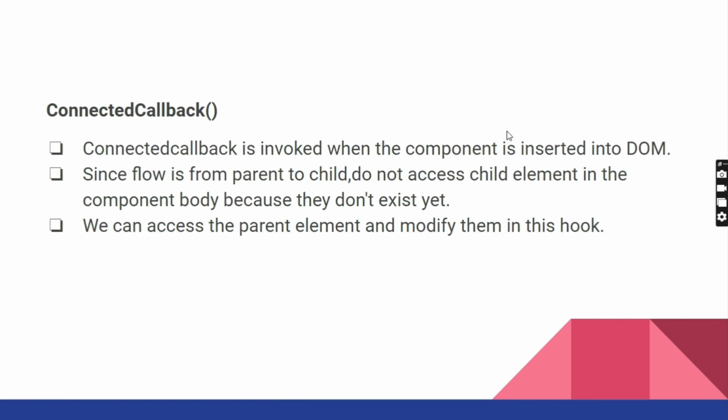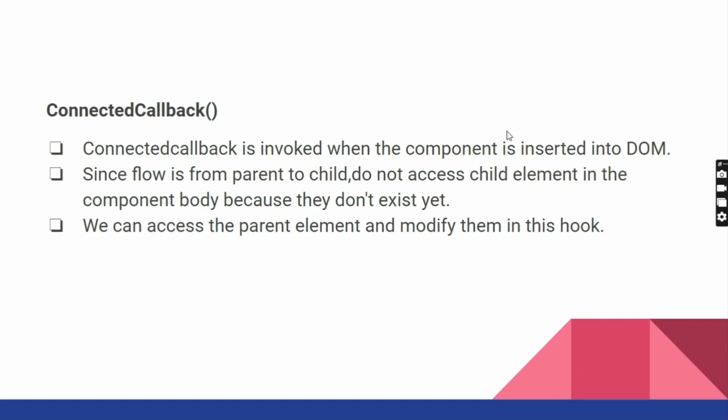The next is connectedCallback. ConnectedCallback is invoked when the component is inserted into the DOM. That means whenever the component is created, constructor is invoked, and when the component is inserted into the DOM, connectedCallback is invoked.